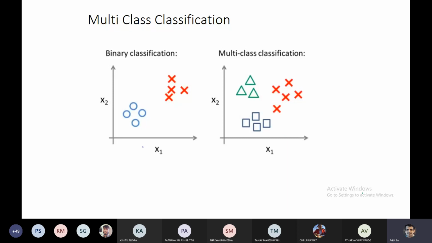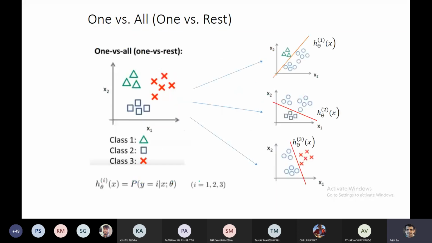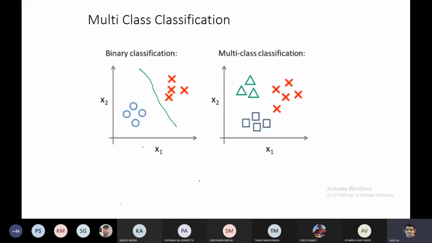That means there are two classes, and there is some decision boundary between these classes. Now the question is, what if there are more than two classes, or the multi-class classification.